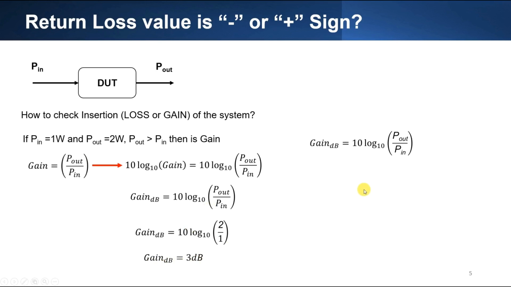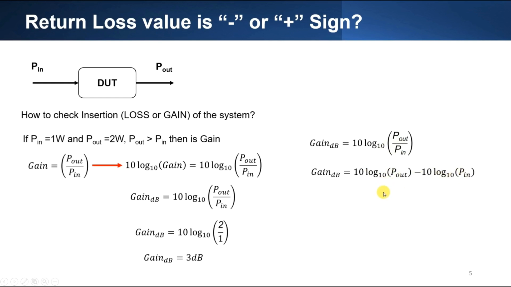Let's check another example. Let's say our gain is equal to 10 log power out minus 10 log power in. That means we expand the log, then with normal mathematics we can know that if your power out minus your power in, with the power out greater than the power in, then you will get a positive value.